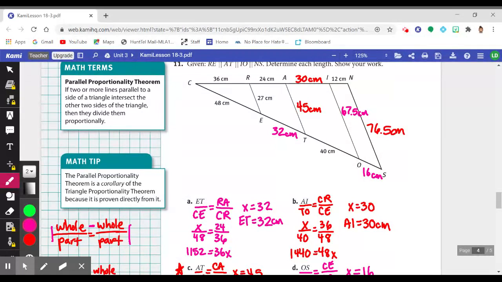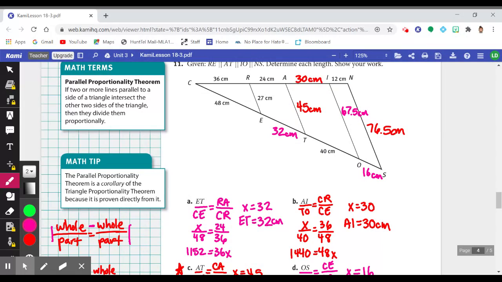So I compared AI to TO, a very similar part of triangle CIO. If I compared AI to TO, a part to a part, then I compared it to a similar part, CR to CE. Used cross multiplication and found AI was 30 centimeters.